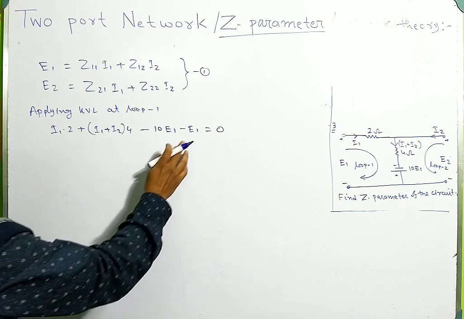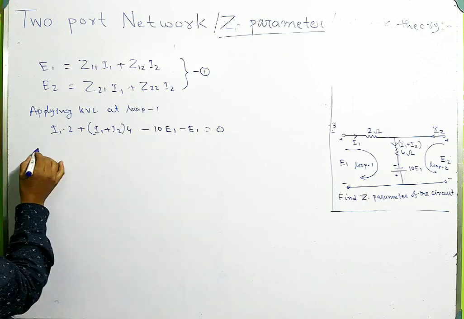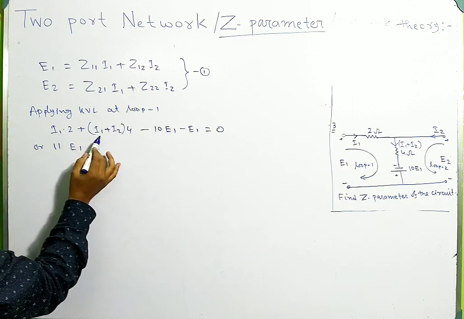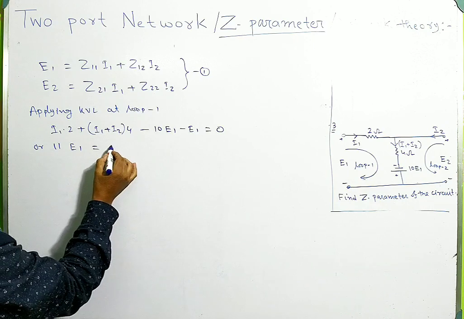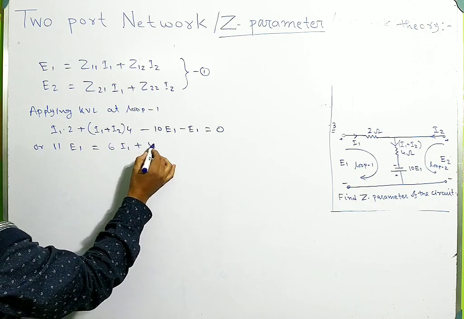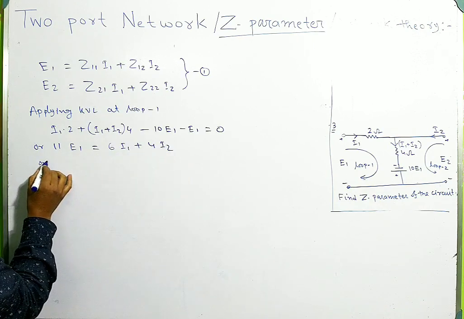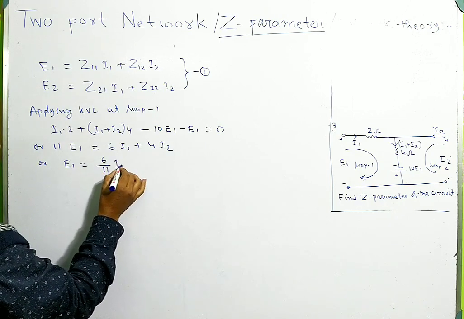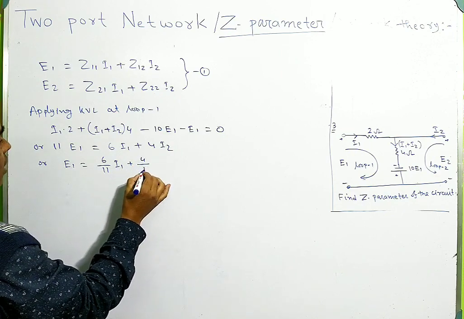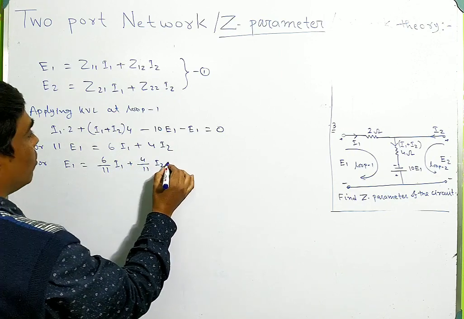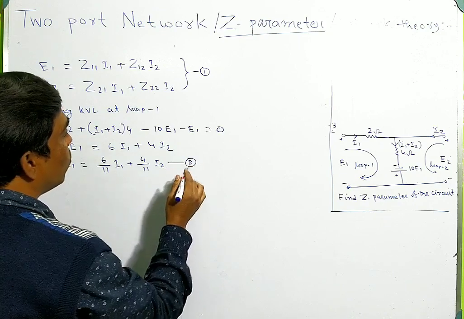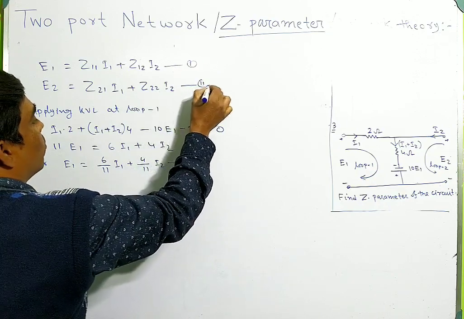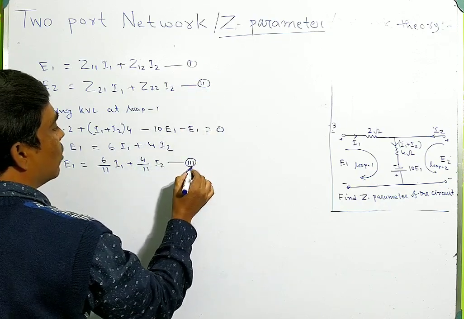Now this is 11 E1, so you can write 11 E1 equals 6 I1 plus 4 I2. So E1 is given by 6 by 11 I1 plus 4 by 11 I2. This is equation number 2.